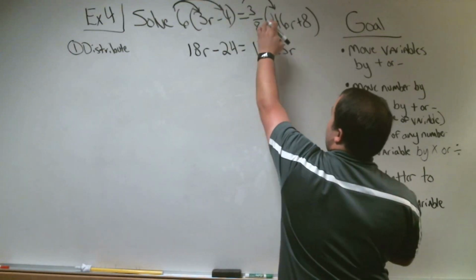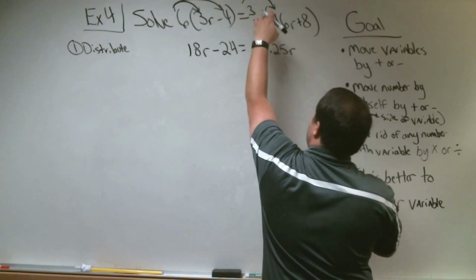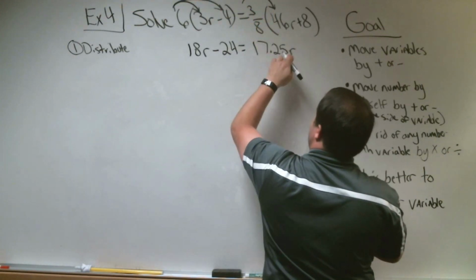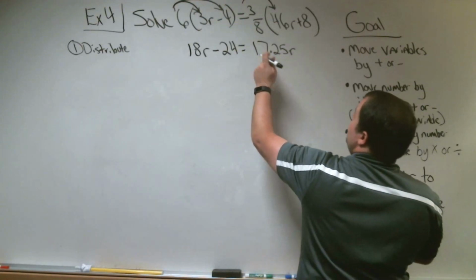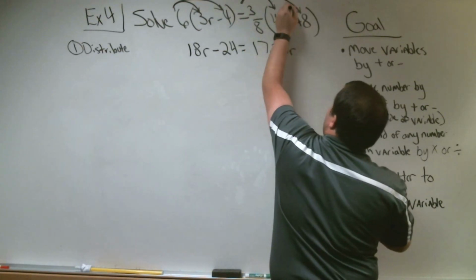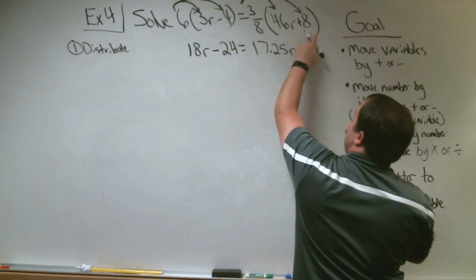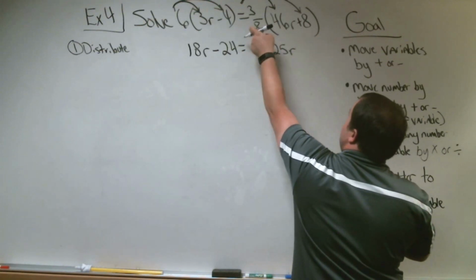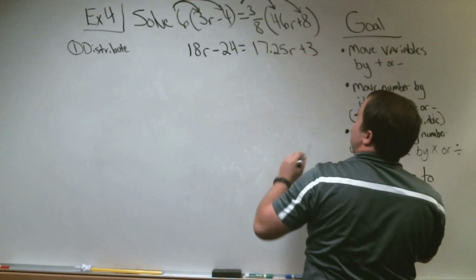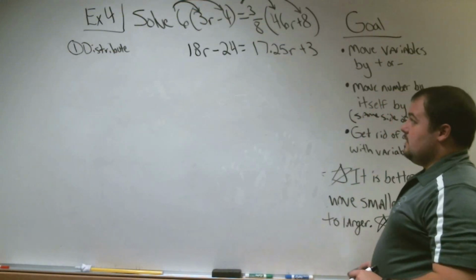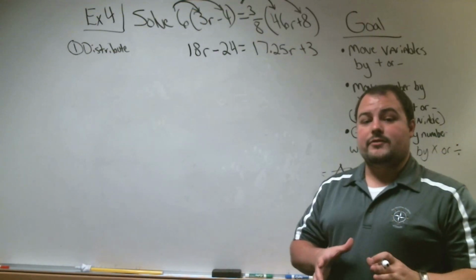So what I did was I took 3 times 46, and then I took that answer and divided by 8, and it gave me this. Now I'm going to take 3 times 8, which is 24, and 24 divided by 8 will bring me back to 3. So looking at this is my answer after I distribute.